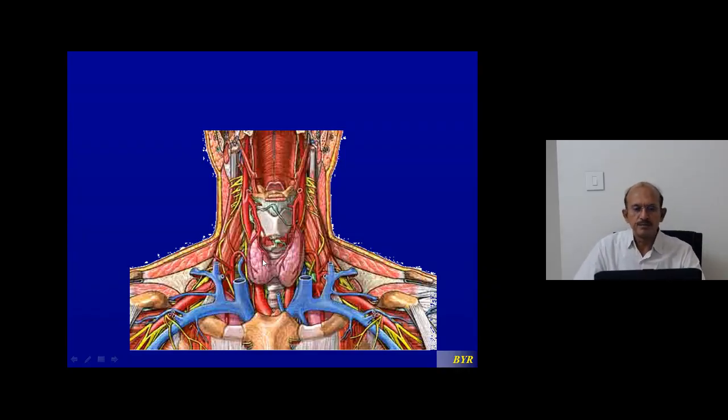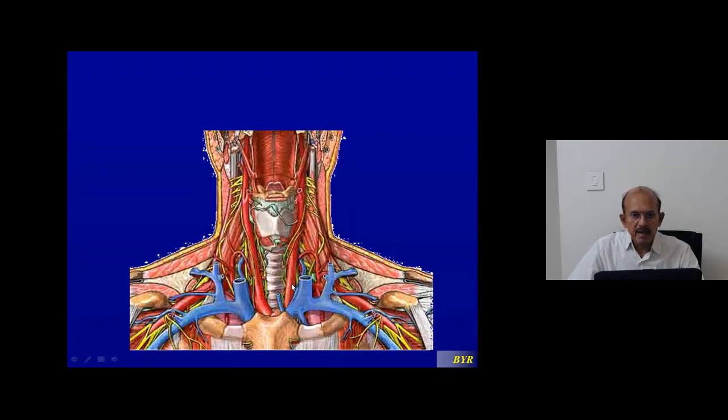Very good. Many of the students may say common carotid artery by mistake. So the inferior thyroid artery arises from the thyrocervical trunk, which is a branch of the subclavian artery. It is not from the internal carotid artery. So please remember this point.